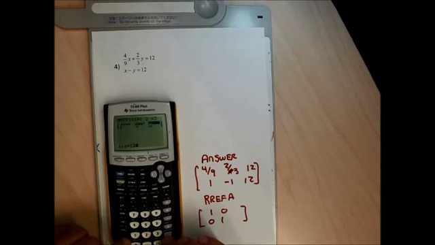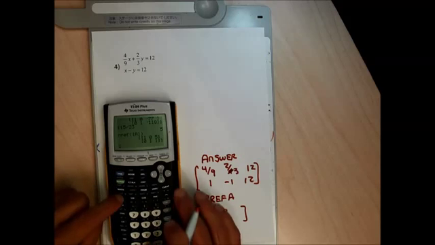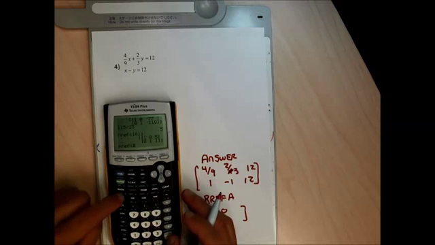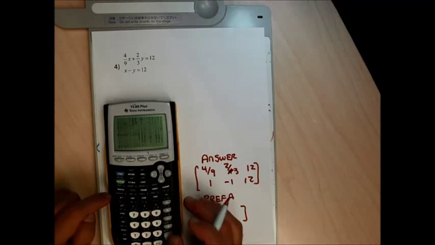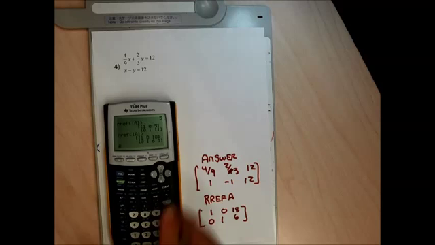And then 12 and enter. And then 1, negative 1, and 12. Second quit, second matrix, math, up to RREF, second matrix, enter, close my parentheses, and it gives me 18 and 6. So my answer is going to be x equal to 18, y equal to 6.